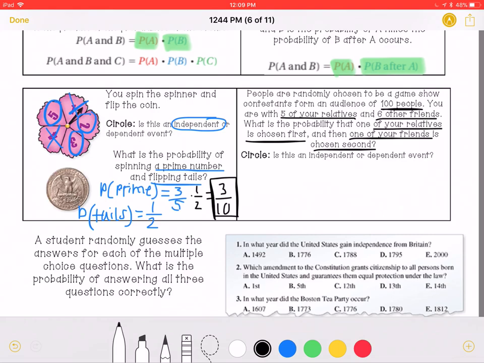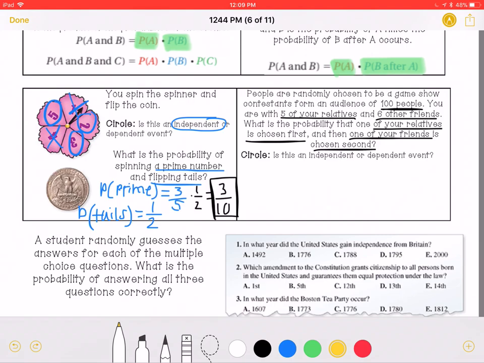Now think about these 2 events happening. Does the first event, choosing a family member, affect choosing a friend? Now think about that. If you're choosing from a group of people, if you choose one of them, does the probability change when you go to choose another person? Hopefully you're thinking, yes, it does. And these are dependent events.